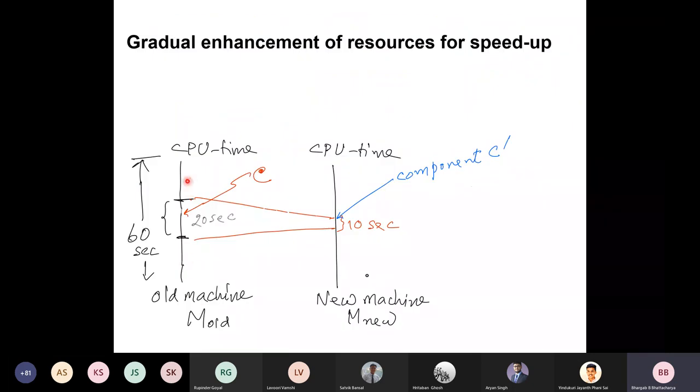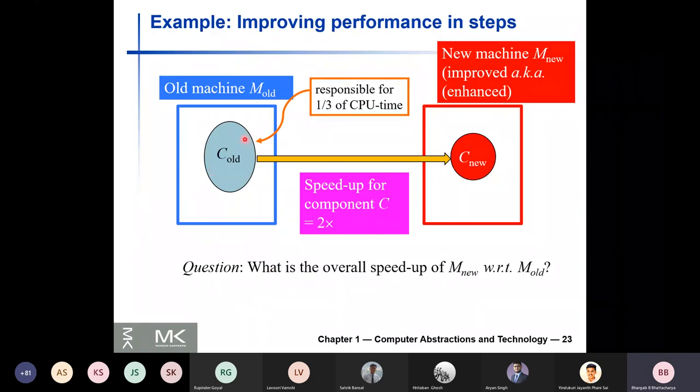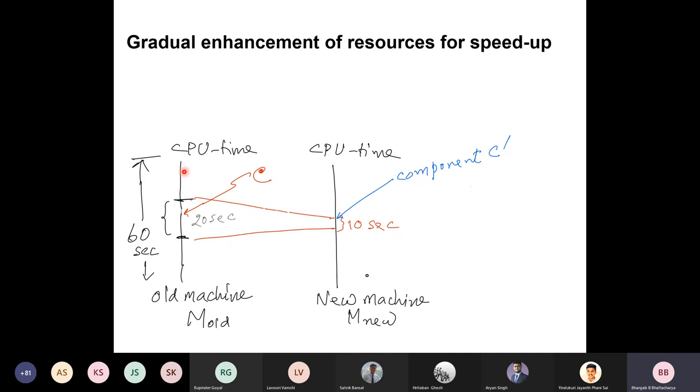Assume that in the old machine, I have a program that takes 1 second. I mean, 60 seconds, 1 minute. And this portion takes 1/3 of CPU time, right? So it takes 1 minute, and this portion would take 1/3. That means 20 seconds is spent on that portion.